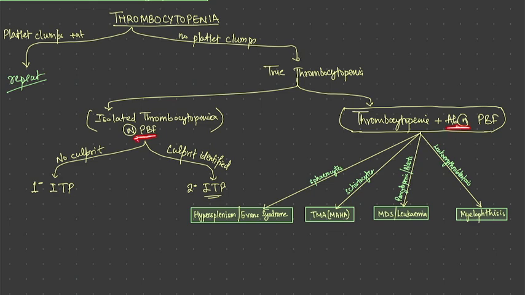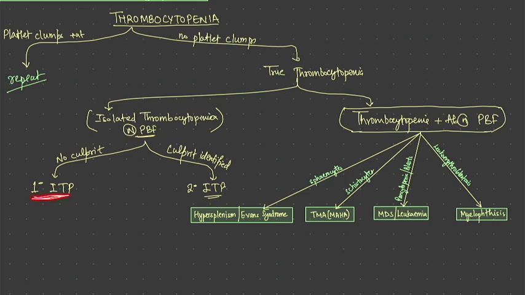If it is normal, it means there may be some autoimmune cause, right? If there is normal PBF and only thrombocytopenia, no other cell is affected, it means it is ITP, right? Remember, in ITP, PBF is normal.